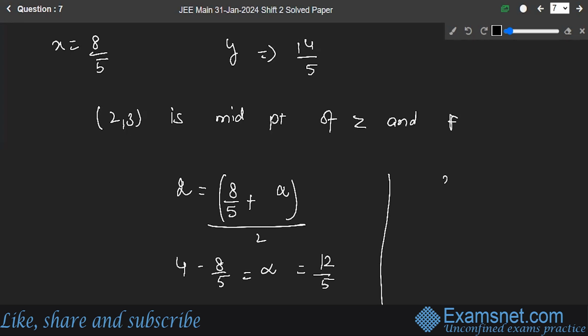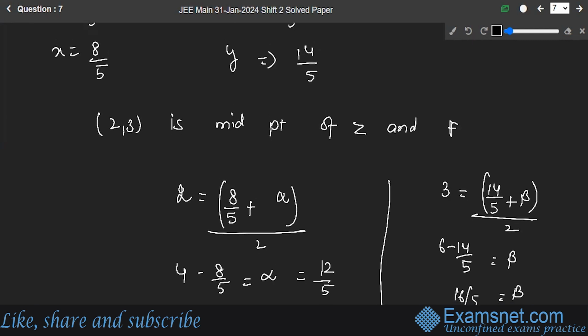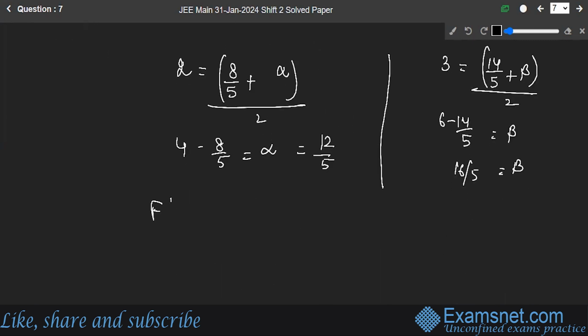You will have 3 is equal to 14 by 5 plus beta, whole thing divided by 2, or 6 minus 14 by 5 is equal to beta, or beta will be 30 minus 14, which is 16 upon 5. That's your value for beta. So your focus comes out to be 12 by 5 and 16 by 5.